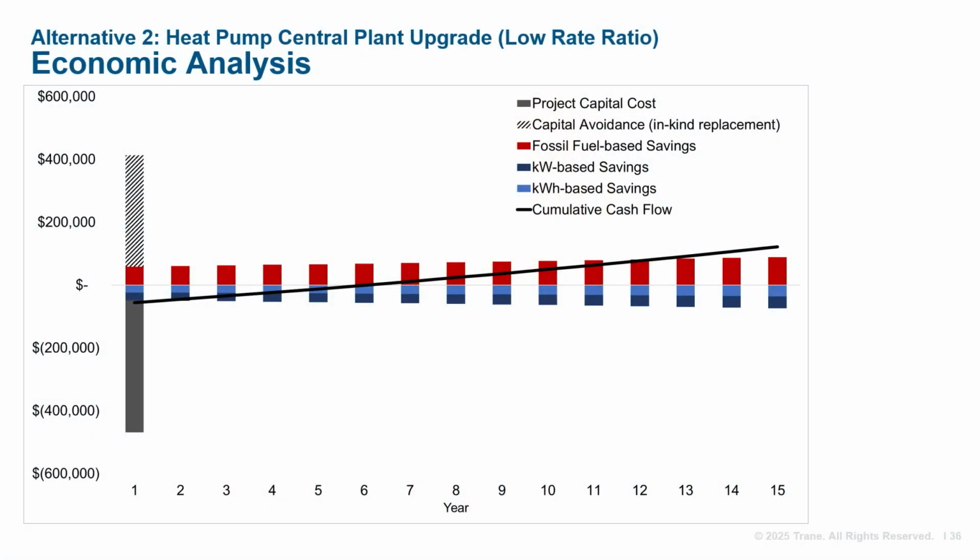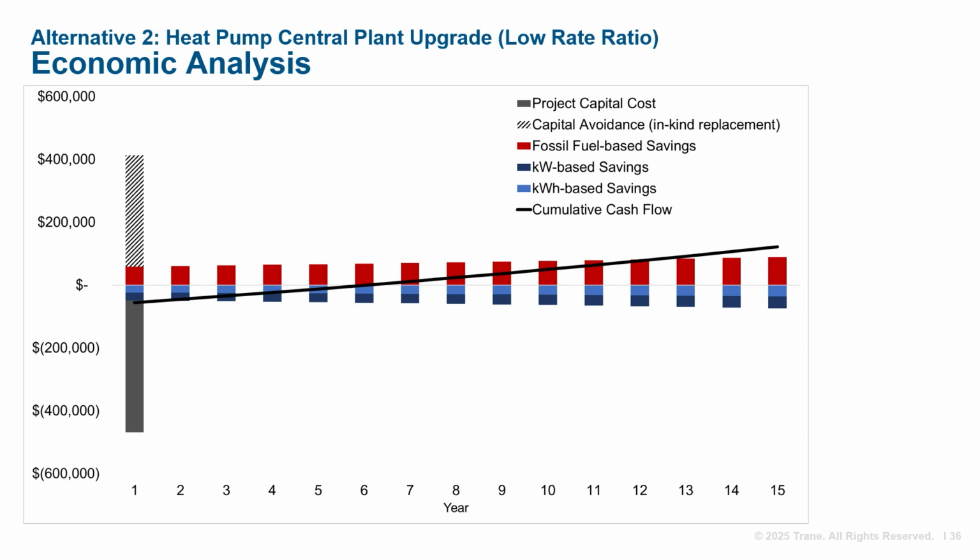The economics of this alternative are far different than before. Let's step through this one again. There's no natural gas boiler, so there are fossil fuel savings in red. But the air-to-water heat pumps demand and consume more electricity than the baseline, so that utility cost is higher, and as a result, shown here as a negative cost.